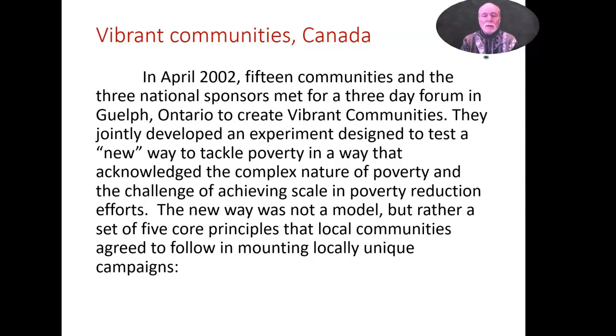They jointly developed an experiment designed to test a "new" way to tackle poverty in a way that acknowledged the complex nature of poverty and the challenge of achieving scale in poverty reduction efforts. The new way was not a model, but rather a set of 5 core principles that local communities agreed to follow in mounting locally unique campaigns.